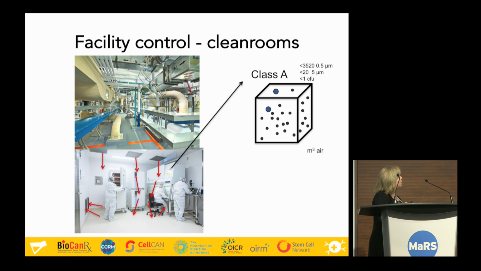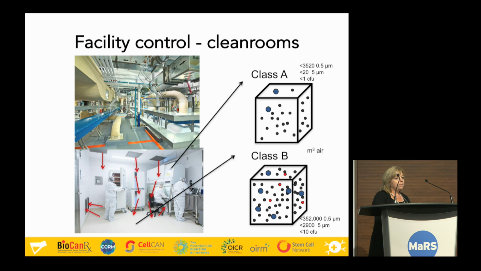So in our facility, the biological safety cabinet is considered a Class A. And that Class A has certain guidelines that say, if you can see the numbers at the top there, in a cubic meter of air, you can't have more than 3,520 0.5 micron particles in the biological safety cabinet, and you can't have more than 25 5 micron particles, and you can't have any microbials.